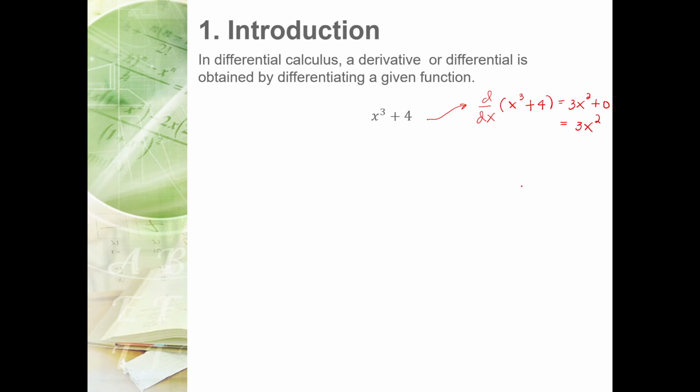Now, the main objective of your integral calculus, or your integrals, is for a given derivative, let's say 3x squared, we need to go back to its original equation, which is x cubed plus 4. So that's the objective of your integral calculus.